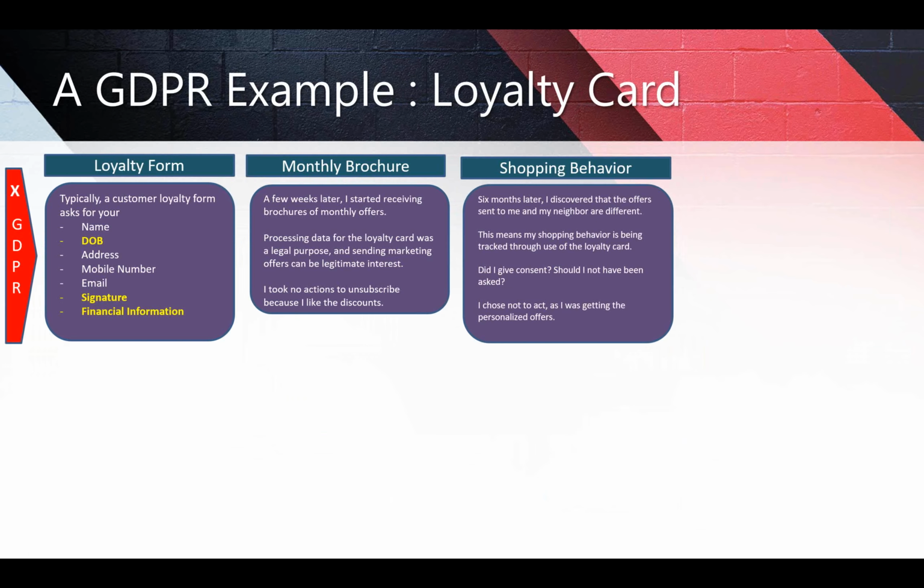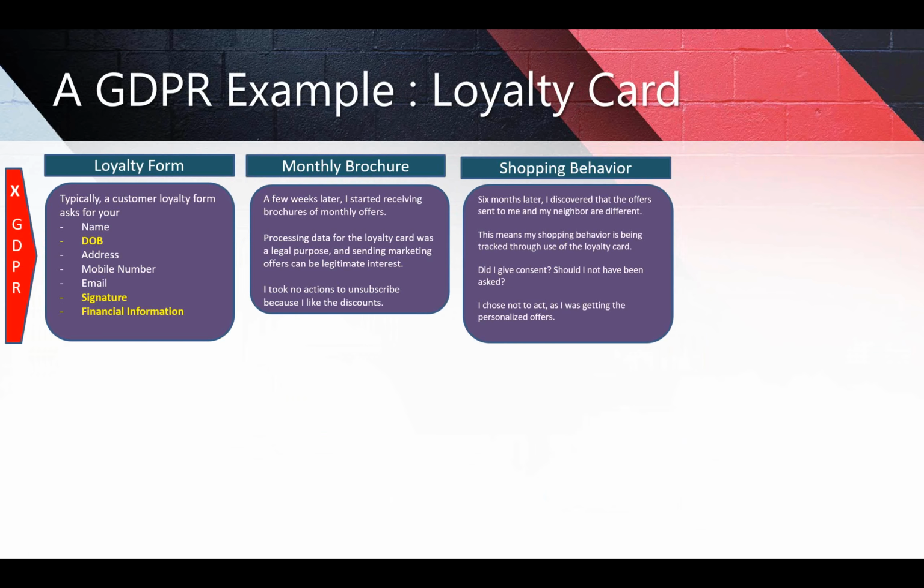But then when they started monitoring your shopping behaviors, you discovered after 6 months that the offers they send to you and to your neighbor are not the same. Your neighbors are getting different offers from the same store, but you are getting something very different.